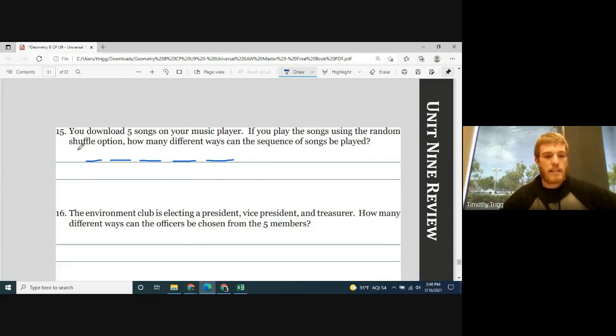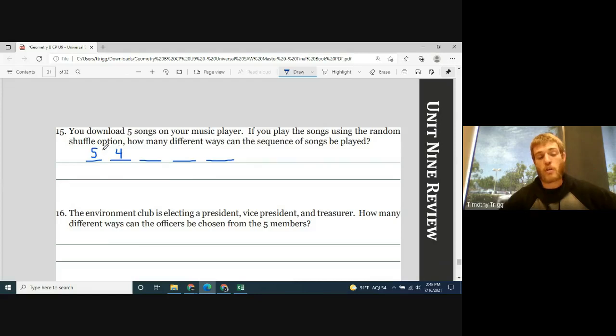So how many different songs could be the first song? Well, there are 5 different songs. So when you start up your music player, there are 5 different songs that could come up first. Now, once that first song is played, how many different songs could come up second? Well, there's only 4 songs that could come up as the second song.